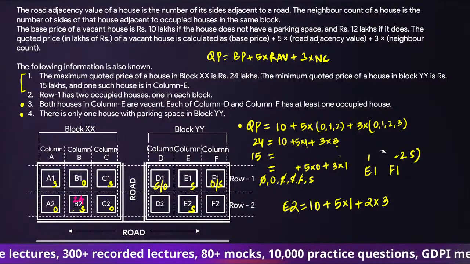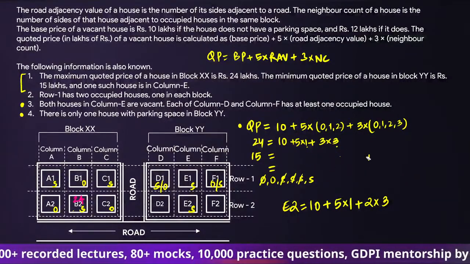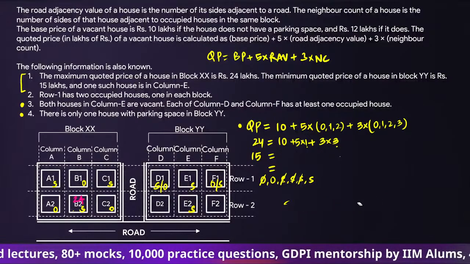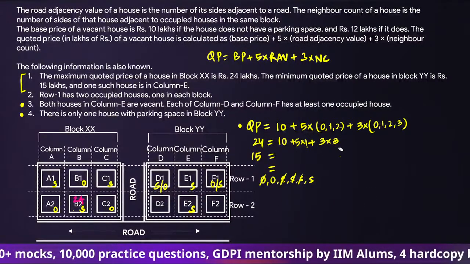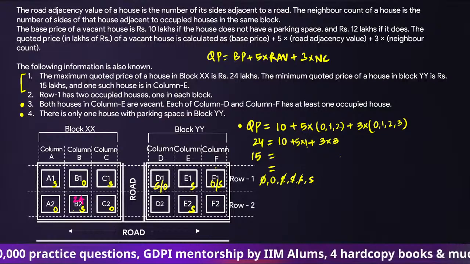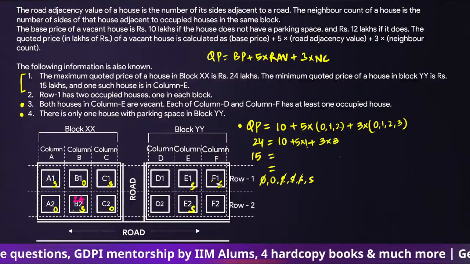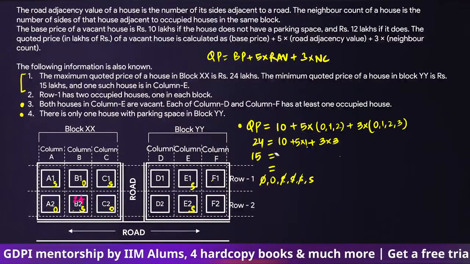So काम करते हैं. Let's look at 15, and 15 is supposed to be from column E, and we know that in column E both the houses are vacant.